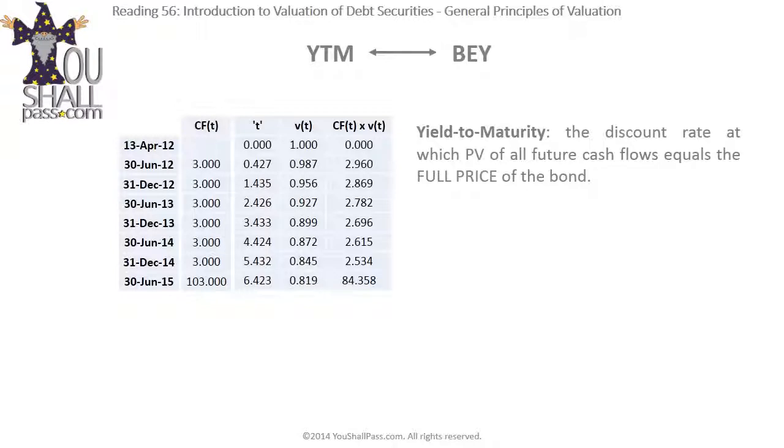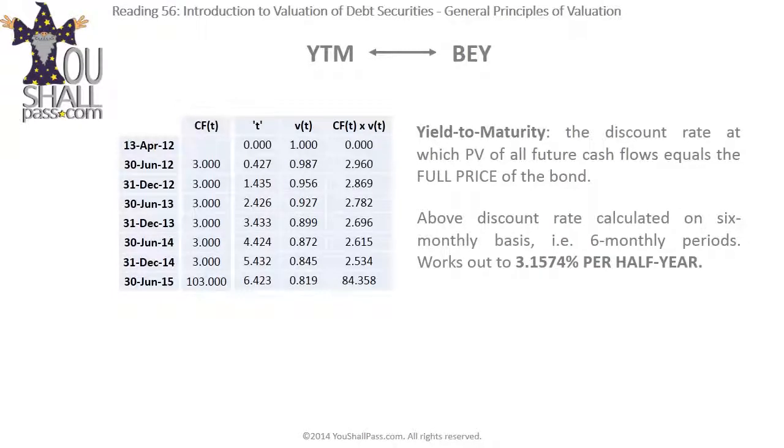In the case of the presented cash flows, which are the same as we just showed on the previous slide, the discount rate is actually 3.1574% per half year. So when I said that the YTM was 6.3147%, I was using the convention of quoting YTM on a bond equivalent yield basis, which is how bond yields are actually quoted in practice.